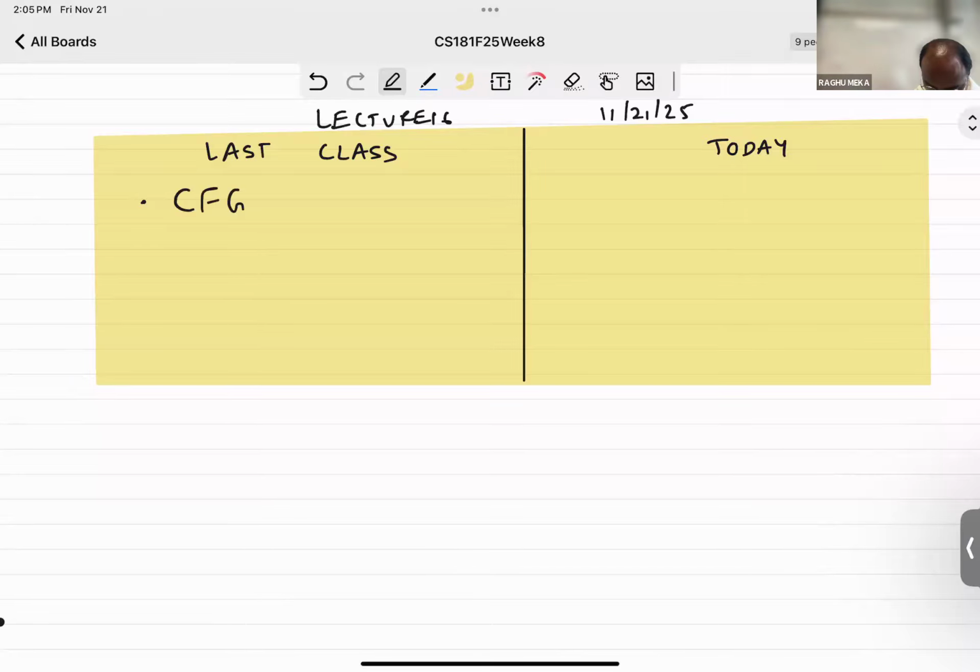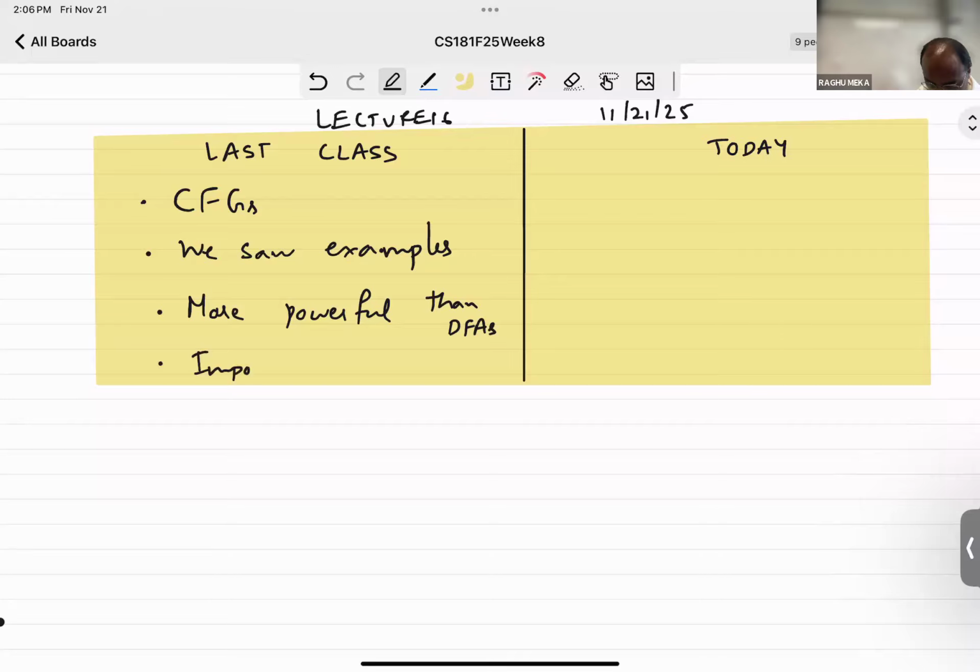So CFGs, we saw examples, more powerful than DFAs, right? And I told you that they're important for programming languages, for instance, okay? Today, my goal is to explore some more properties of CFGs and where they rest in the full spectrum of computational models.